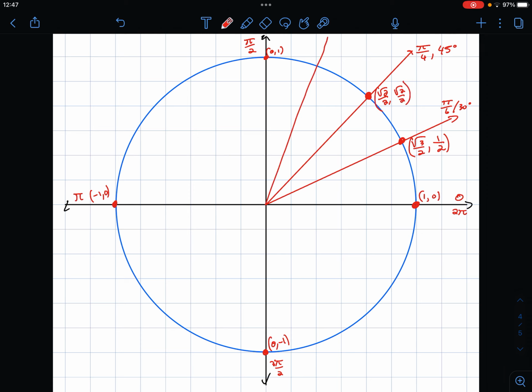And we have our 60-degree angle. So that is going to be pi over 3, or 60 degrees. And that's just the flip of the pi over 6, or the 30 degrees. Same triangle, but we're just looking at it from a different side. So 1/2, comma √3 over 2.